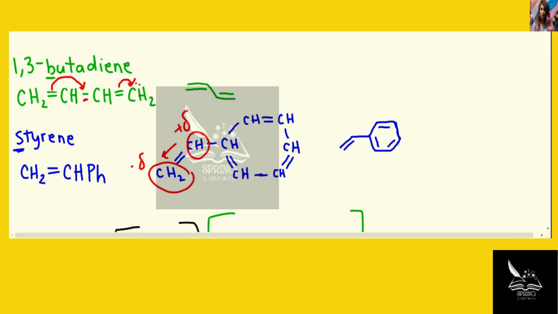So the CH is going to want to look for free electrons out there. So instead of giving electrons to that CH, we need to have this double bond actually give the electrons to the CH2 group.